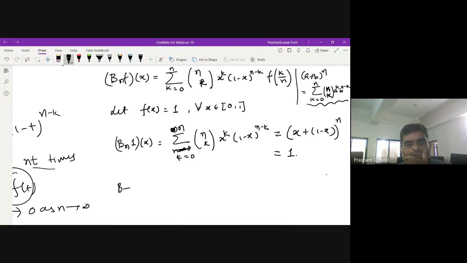Now let us calculate Bn, or let us consider f of x is x for all x belonging to [0, 1]. That means it is the identity map.